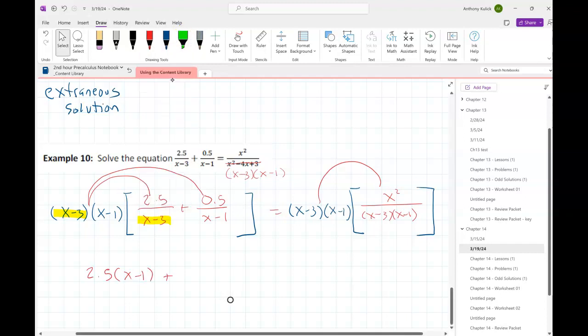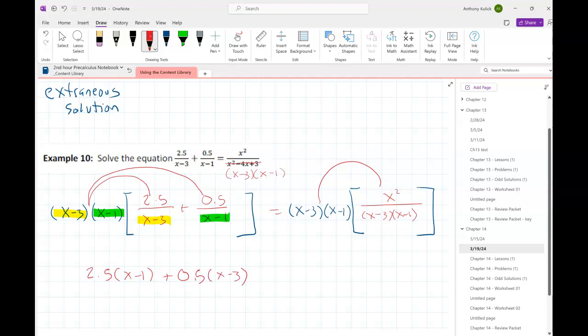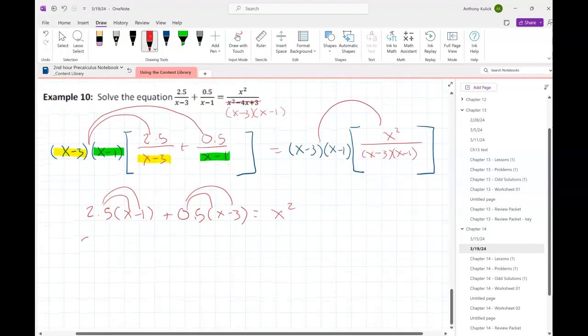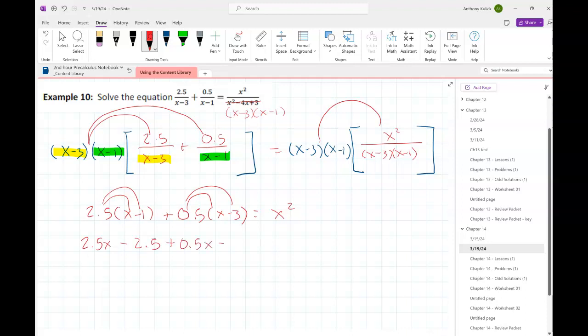Great. And we do the next one. What do we get? Great, because those cancel. So 0.5 times x minus 3. And then what does that all equal? Just x squared. Everybody super duper? Okay. So we'll distribute those things through. So I have 2.5x minus 2.5 plus 0.5x minus 1.5 equals x squared.